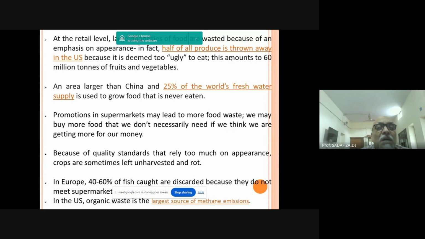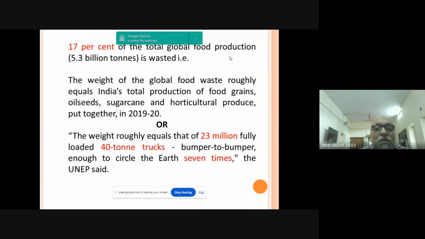So these are some facts about the food waste and the food loss. Now 17% of the total global food production, that is around 5.3 billion tons जो total है, उसमें से 17% is wasted, which is around 931 million tons. तो अगर आप इसको कहिए तो if you compare it, if you see the magnitude of this problem, you will find that the weight of the global food waste roughly equals India's total production.